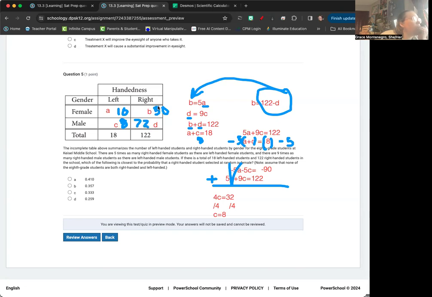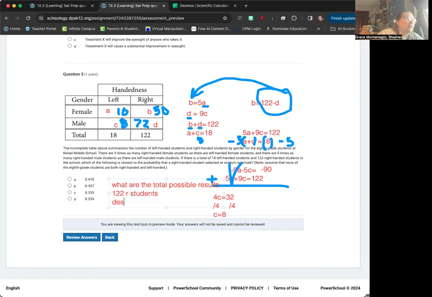And we are picking a right-handed student at random, so a student out of these 122. We want to know how likely it is that student is female, so it's 50 chances out of 122. We're going to probability, right? The rule for making a probability is, what are the total possible results? That's 122 right-handed students.